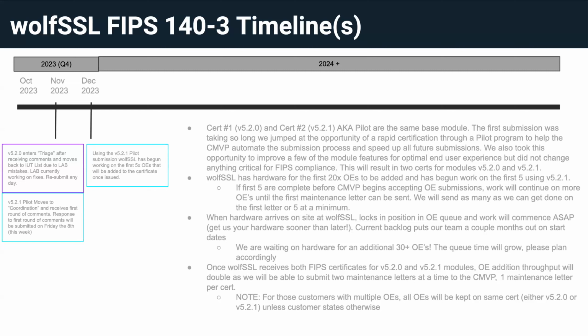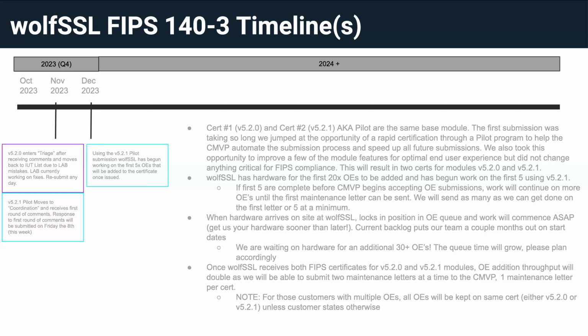And so, we're limited on the maintenance letters that we can submit per certificate. We can only do one maintenance letter at a time. I can add as many OEs as I want on a single maintenance letter, but once we send that letter up, we're kind of stuck until the CMVP reviews and approves the letter. We can't submit another one.